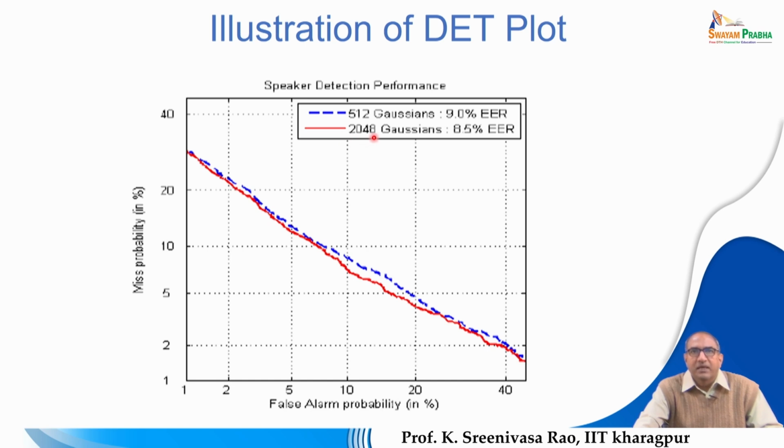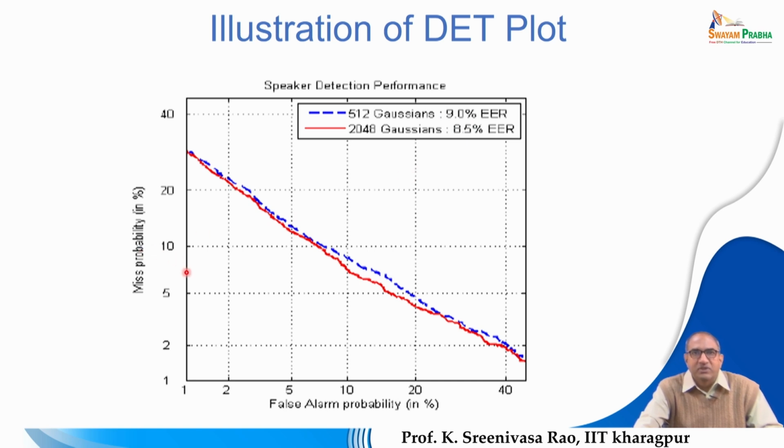Here you can see that with the blue one, the equal error rate appears to be about 9%, whereas with the red one, the equal error rate is 8.5%. It means that there are 8.5% false alarms and 8.5% false rejections.